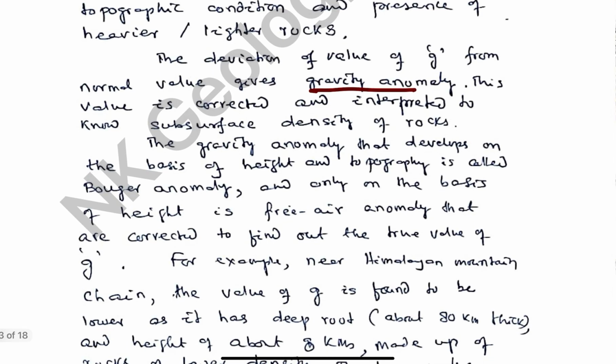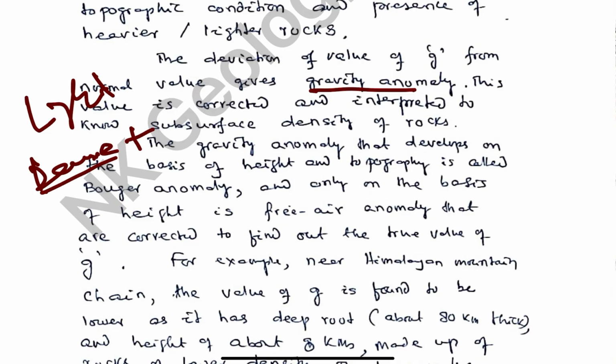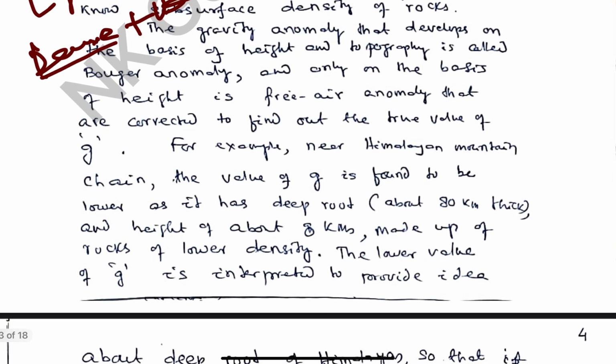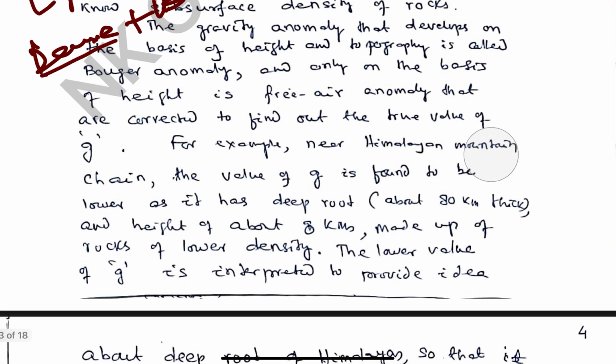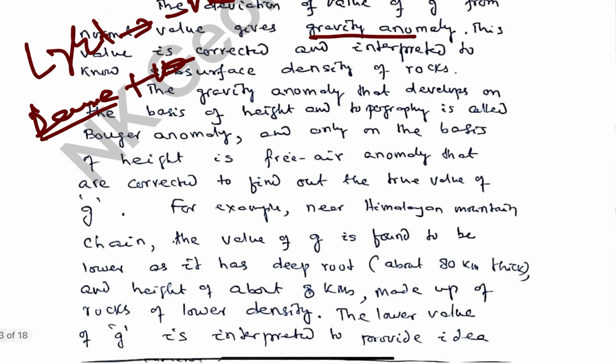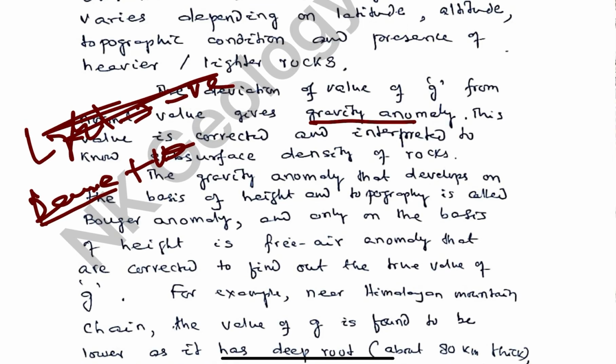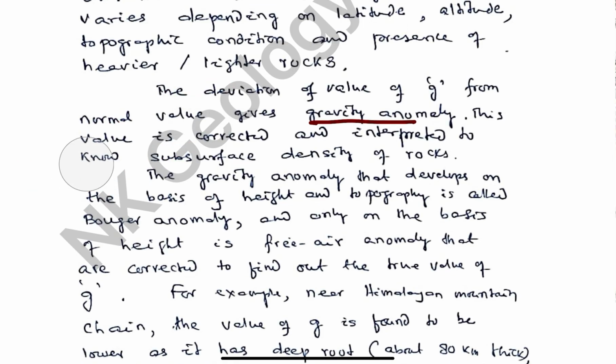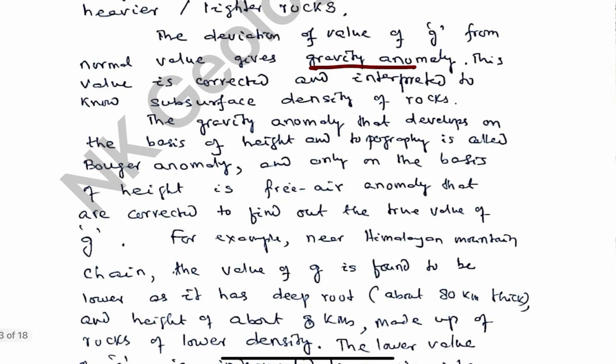So gravity anomaly is presented because of the presence of light rocks and dense rocks. Near dense rocks, the gravity anomaly will be positive. Near light rocks, it will be negative. And it has been seen nearer the Himalayan region that the gravity value is lower compared to the average or normal value of G at some distance away from the Himalayas.